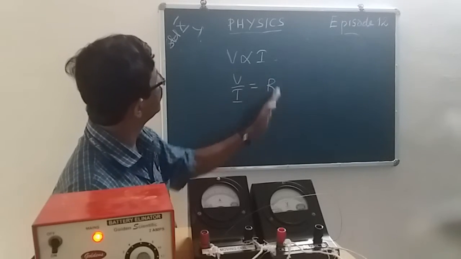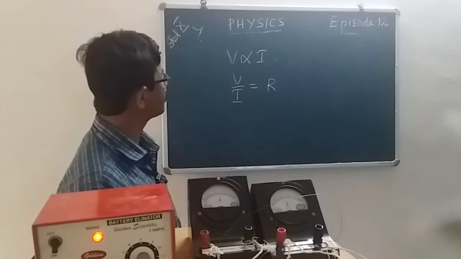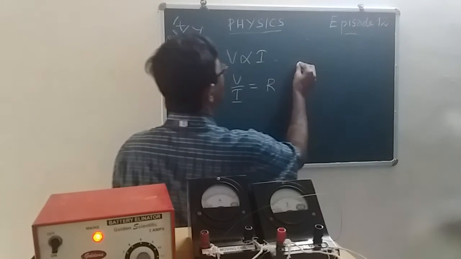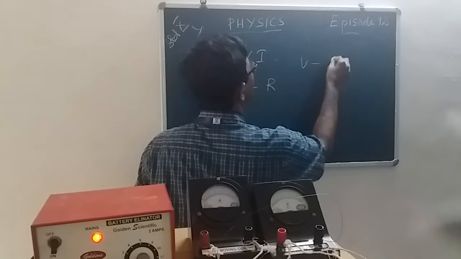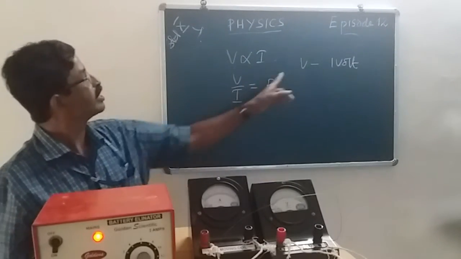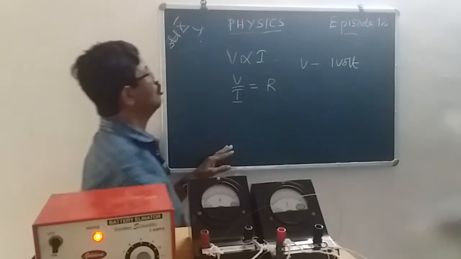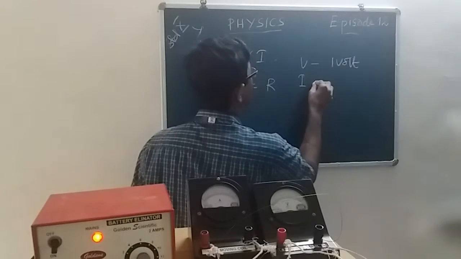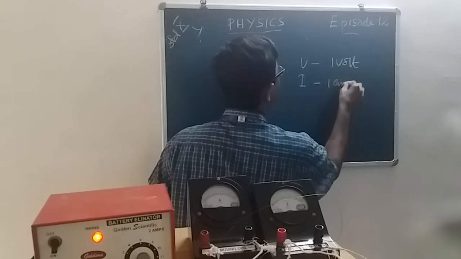We can define this resistance. See, if the potential applied is 1 volt, then the current through it is, suppose, 1 ampere.